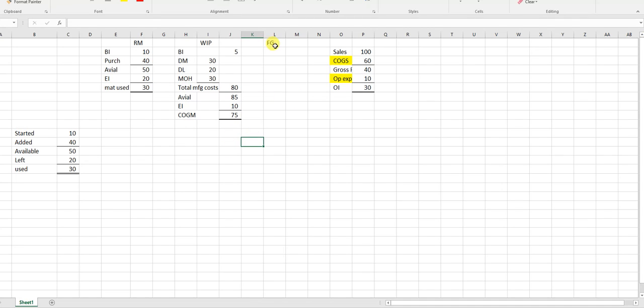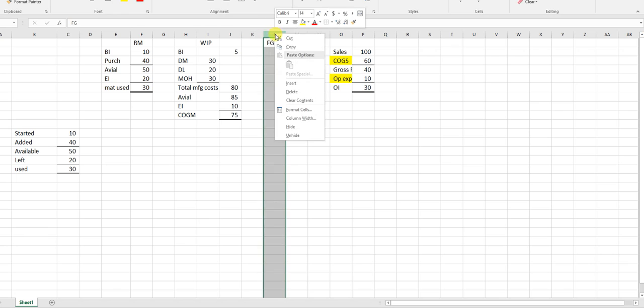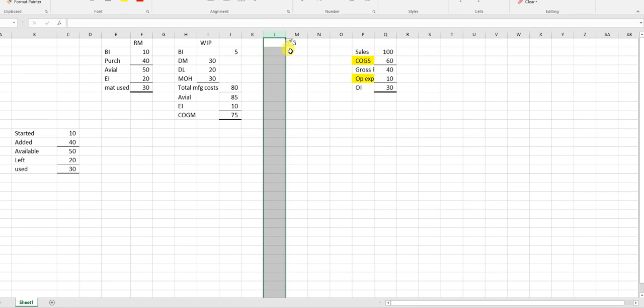All right, and then my finished goods kind of has the same format. Insert a row here. Okay, it starts out with beginning inventory of finished goods. Make sure you notice that's finished goods. And then what's added is cost of goods manufactured. Okay, so my beginning inventory of finished goods, so let's say I had, I don't know, 12 of those, and I add my cost of goods manufactured, which comes straight from there.